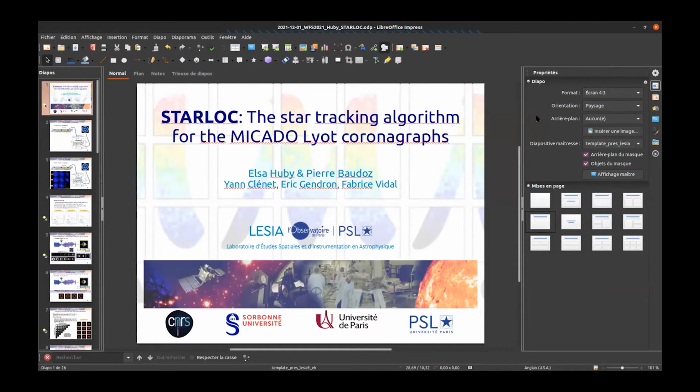Yes. We have one from Jean-Francois, which is how sensitive is the STARLOC algorithm to uncorrected petal modes or low wind effect modes? Well, that's a good question. I think we have to simulate that. I don't know yet, but we'll have a look at that.